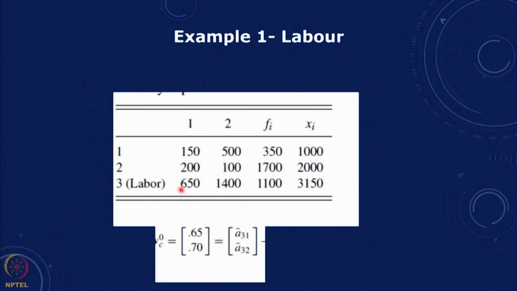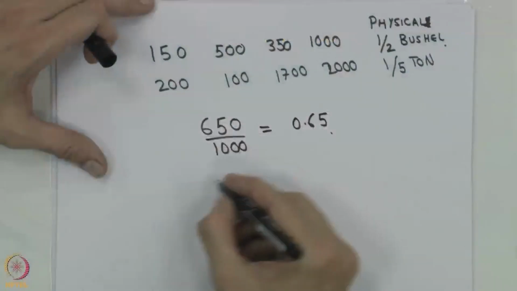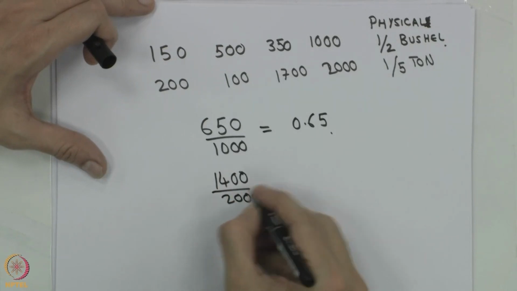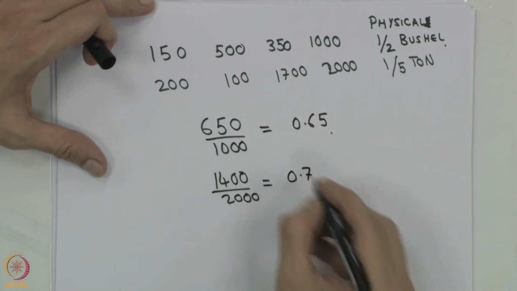If you look at this in terms of the output, the wages or the labor or the employment is 650 by 1000, so we can get a coefficient which is 650 by 1000, which is 0.65, and 1400 by 2000, which is 0.7.